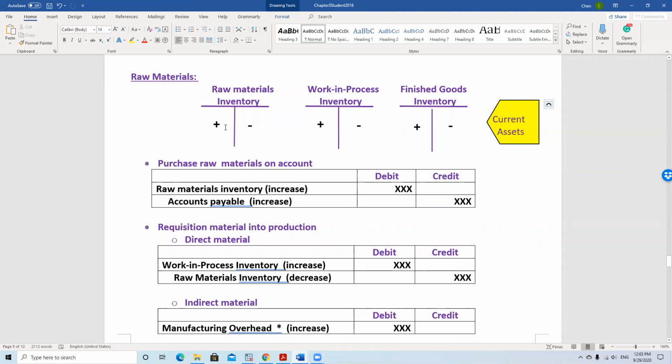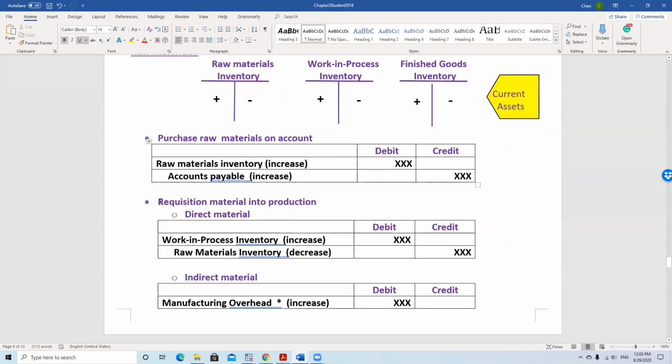It's your current asset. And then once you request these materials into your production, then raw material will become work in progress. So you can see the switch in different categories of inventory.